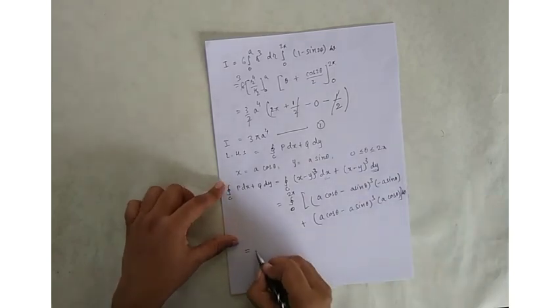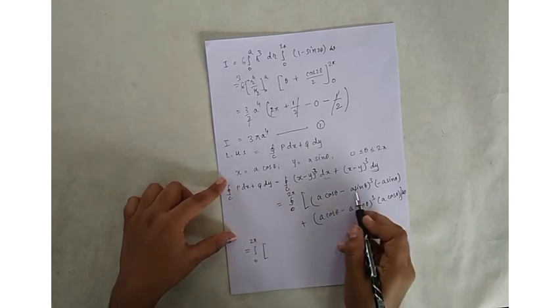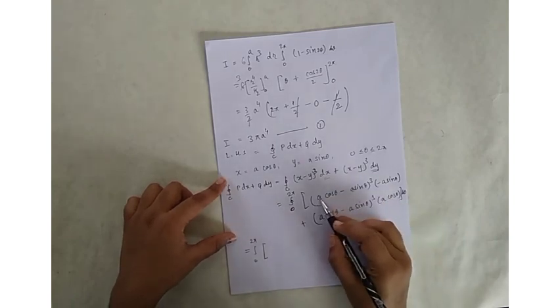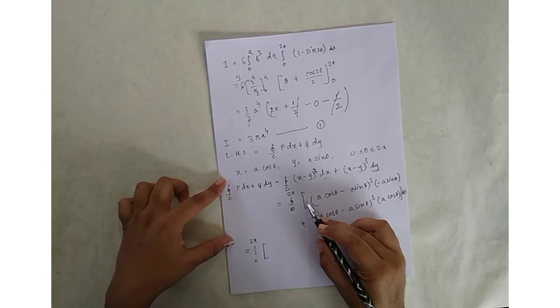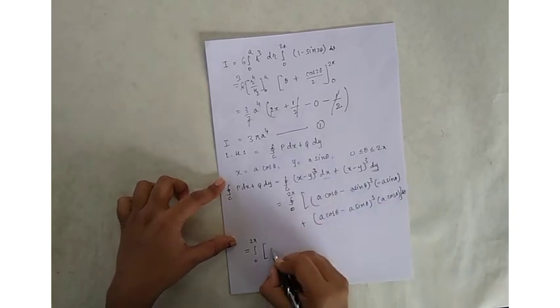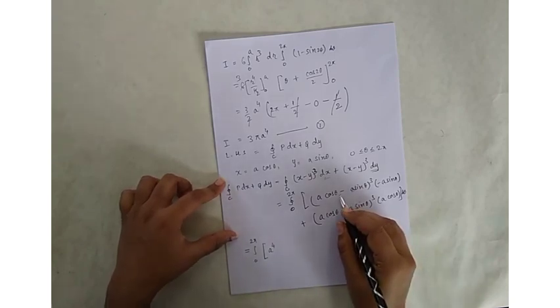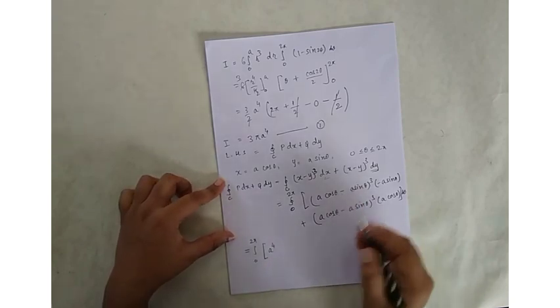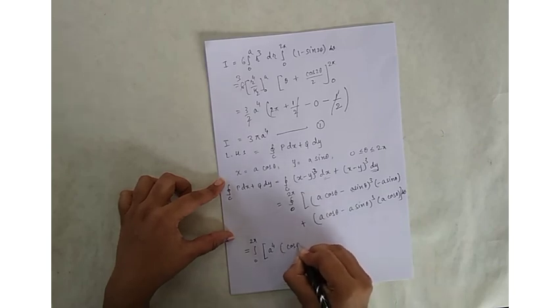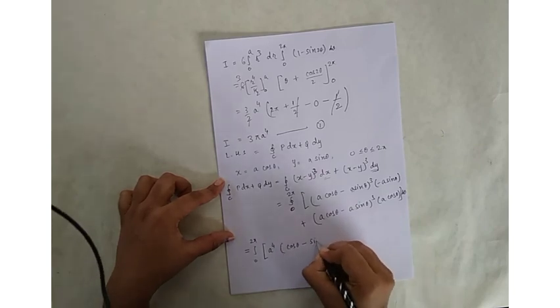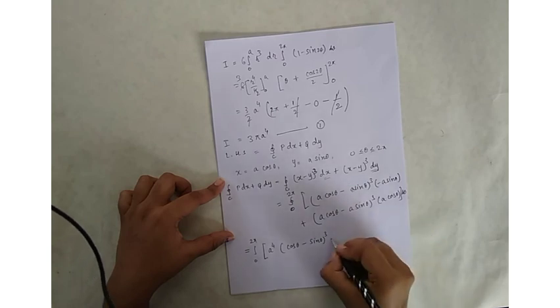So it is equal to the integration from 0 to 2 pi, taking a common, so a cube into this a becomes a raised to 4, and the term becomes (cos theta minus sin theta) whole cube and minus sin theta.